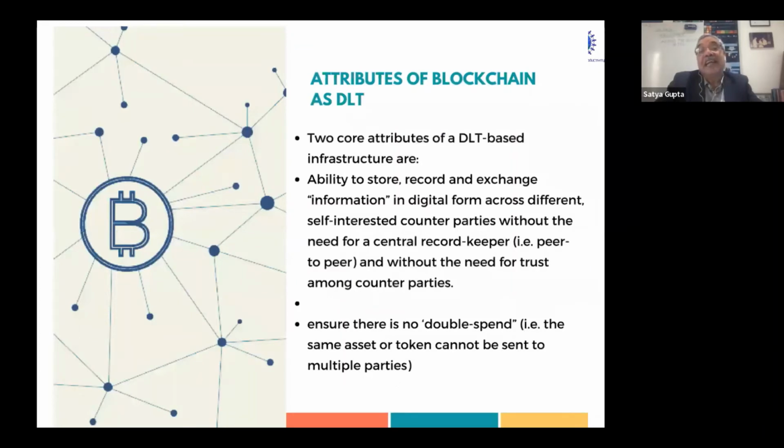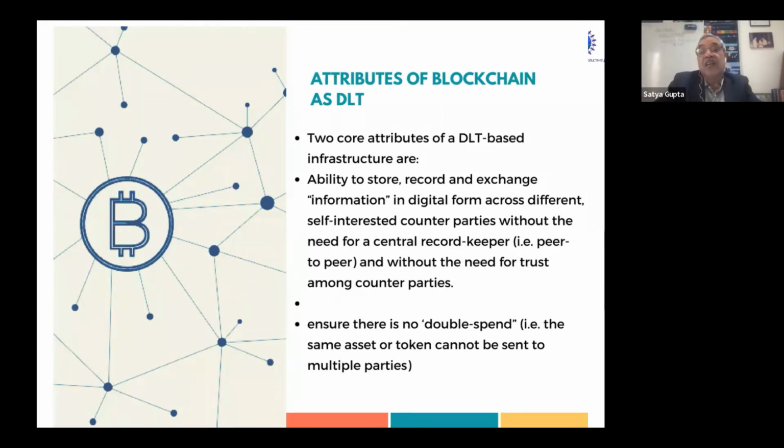Attributes of blockchain as DLT, because DLT, the distributed ledger technology, is the main underlying technology of the blockchain. Two core attributes of DLT-based infrastructures are the ability to store, record, and exchange information in digital form across different self-interested counterparties. Self-interested means they are just working for themselves. They are not working for anybody, or their interest is, let us say, private or their own.